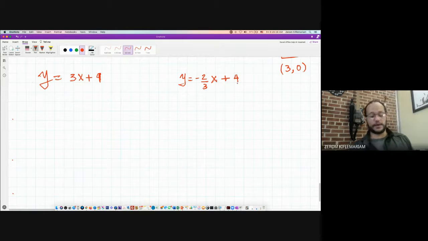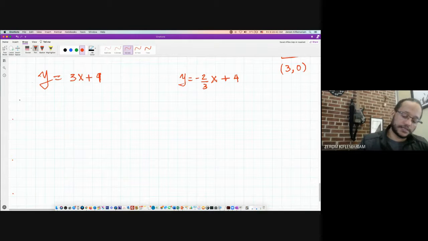So the same thing: find the x-intercept, find the y-intercept. For the x-intercept, what do we do? Set y equal to 0 and solve.